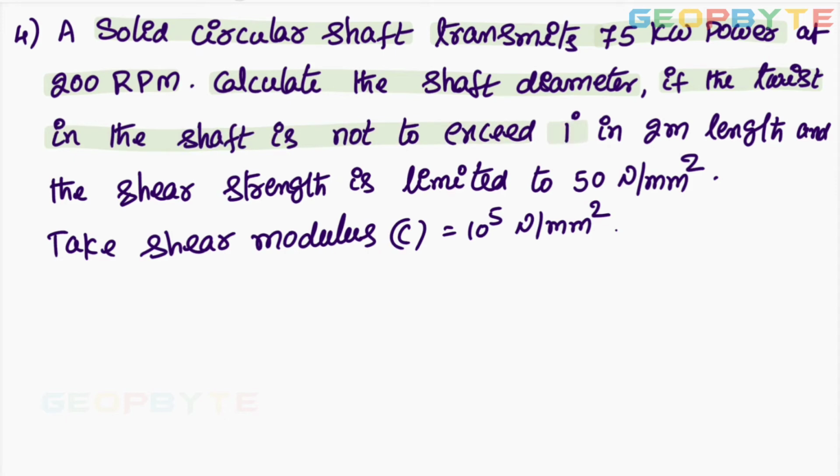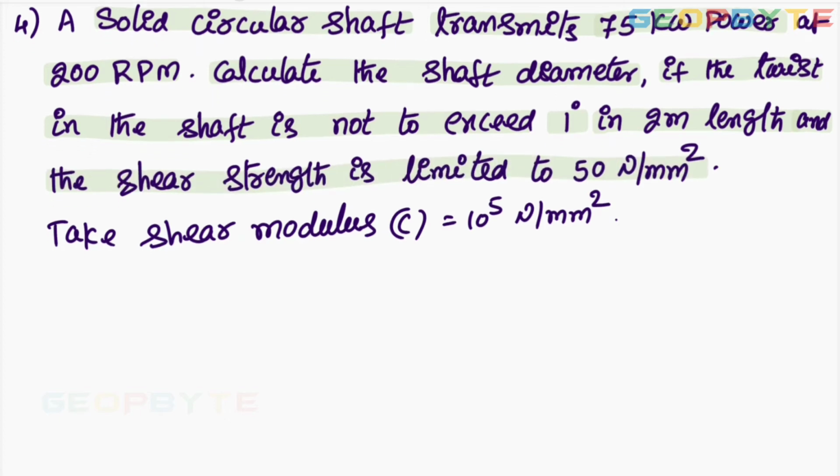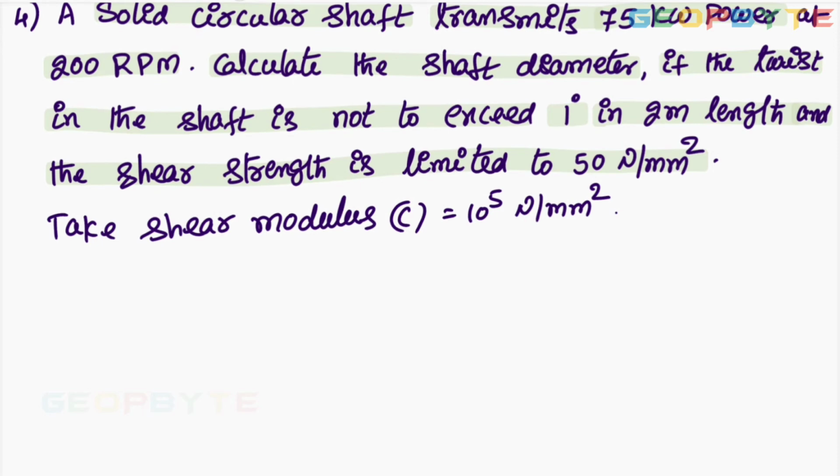That means the angle of twist is given as 1 degree in 2 meters length of the shaft. The shear stress is limited to 50 Newton per mm square and the shear modulus C equals 10 power 5 Newton per mm square.